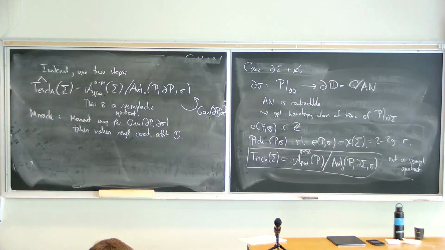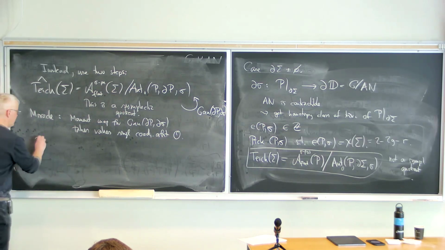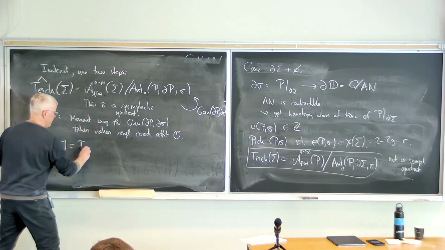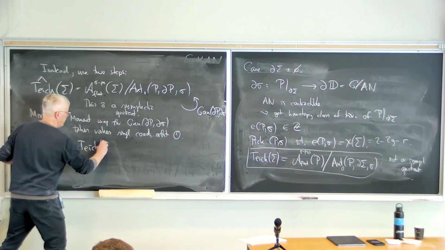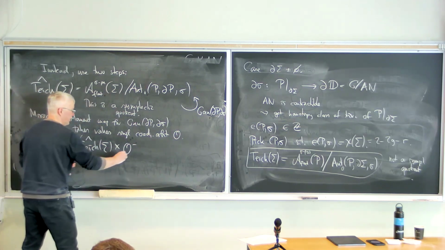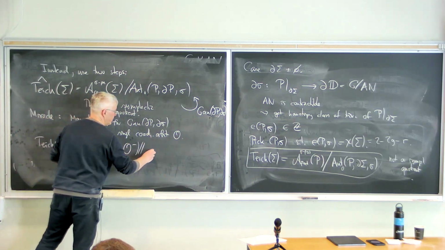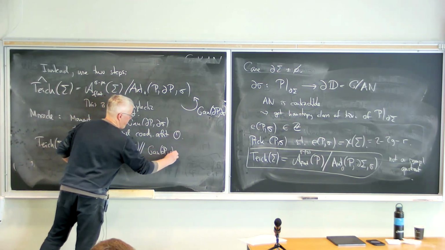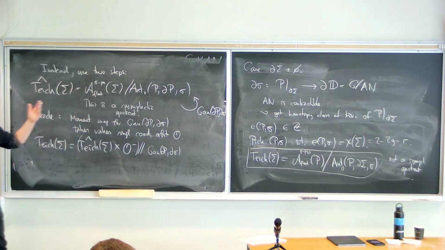And once one knows that, symplectic geometry tells us what to do: just take the product with that coadjoint orbit with opposite symplectic structure, and then divide out by the diagonal action. And then finally, one is done.